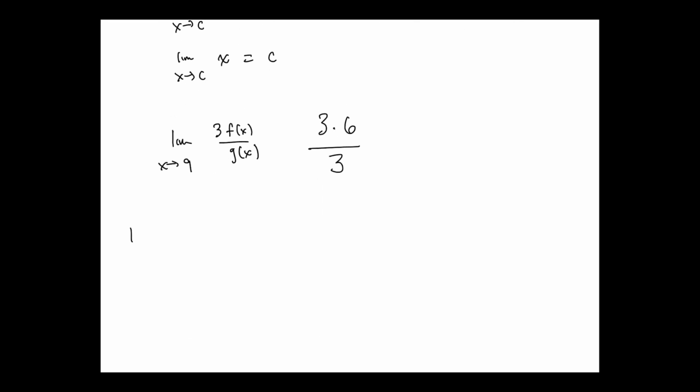So we have the limit as x approaches 9 of this thing. First off, what's the potential problem? That the denominator could be 0. Is it, in this case? No. Okay, so we're cool.